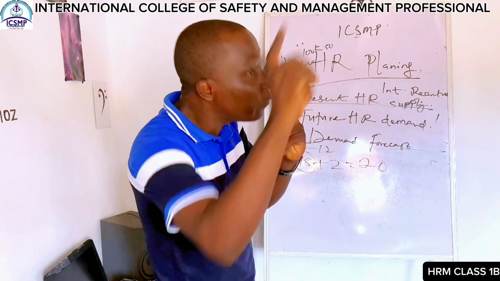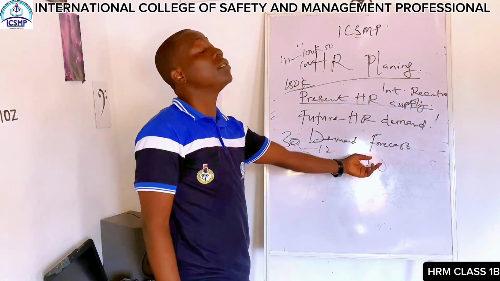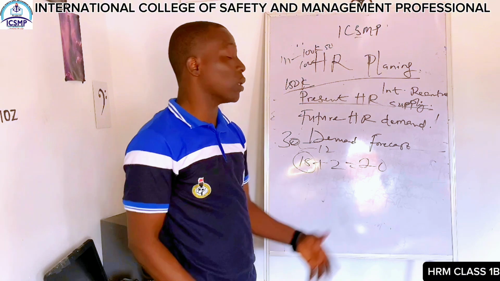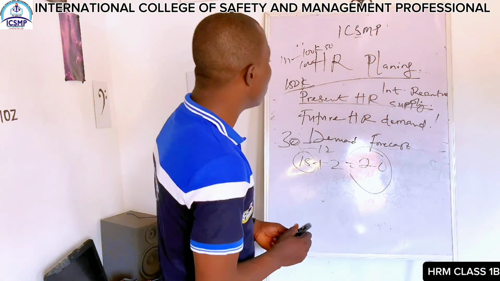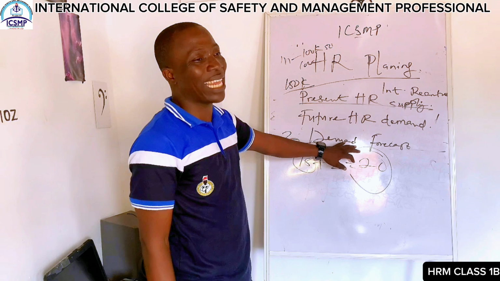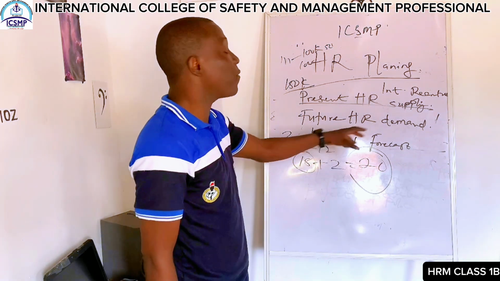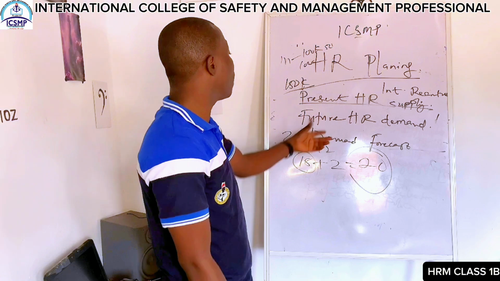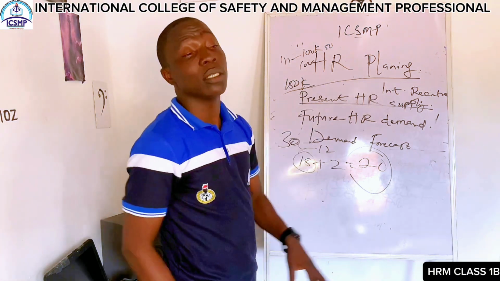You add that to the future plan, you add it with the 18. So 18 plus 2 gives you 20. So 18 plus 2 is 20. So this 20 we are talking about now is what you will now be planning for. That's now your demand forecast. That was why I said that demand forecast is a nexus between present HR supply and future HR demand.